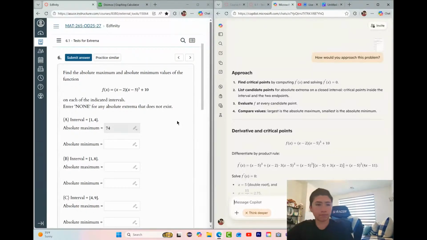So we have f of x equals x minus 2, x minus 5 to the power of 3, plus 10.